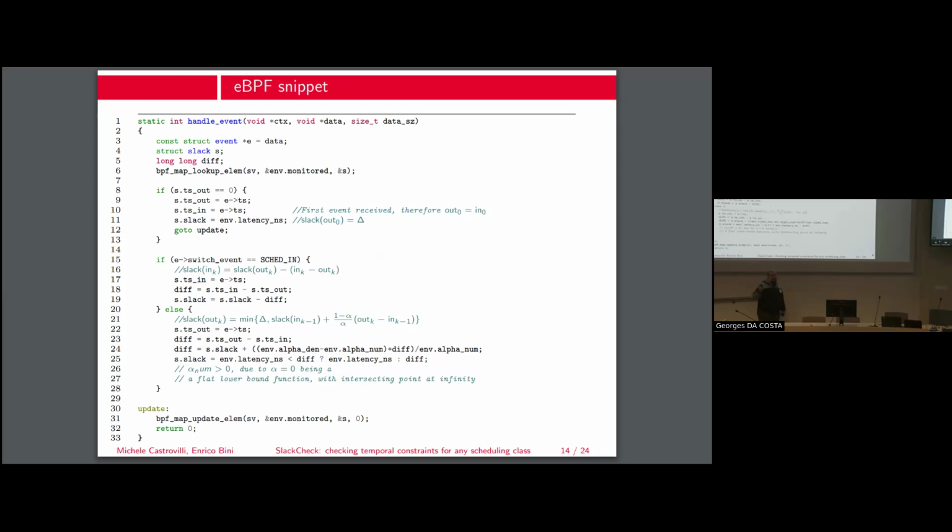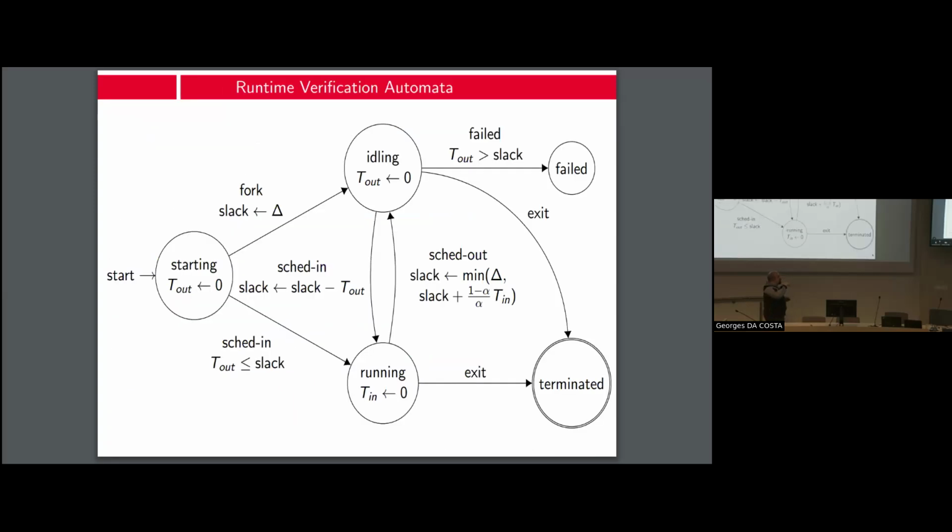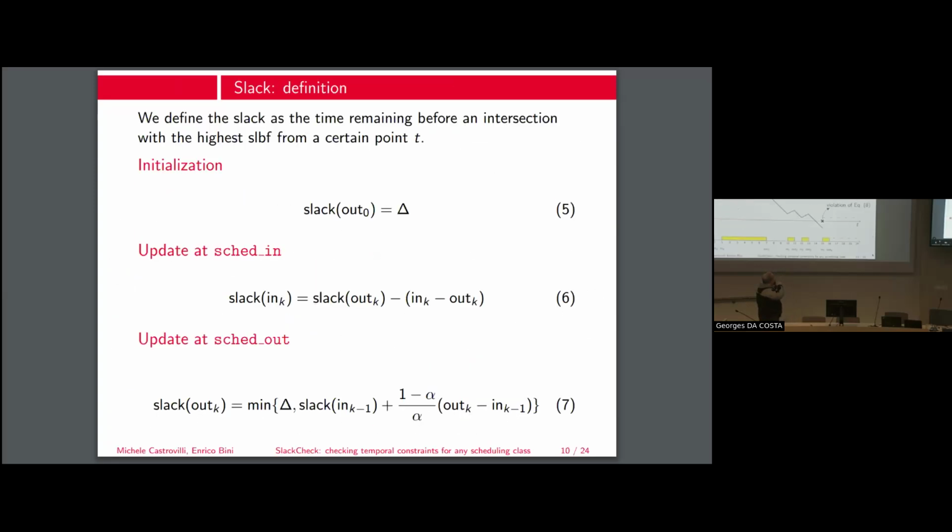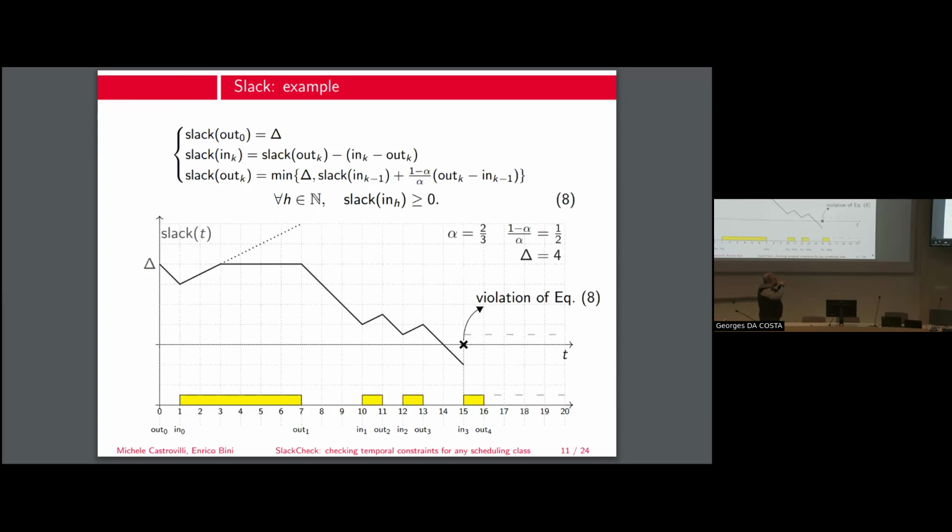Basically, I'm losing on average half of the numerator value. In practice, I saw that since the slack value is usually tied from latency to 0, it's not a big deal if it's a little bit inaccurate, because as soon as I get back to the delta latency, it's going to be reset.